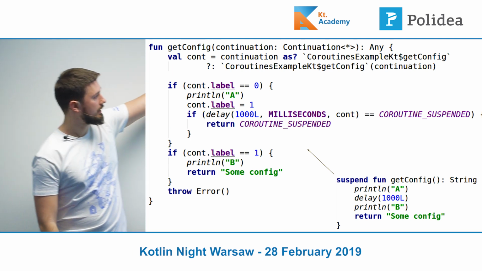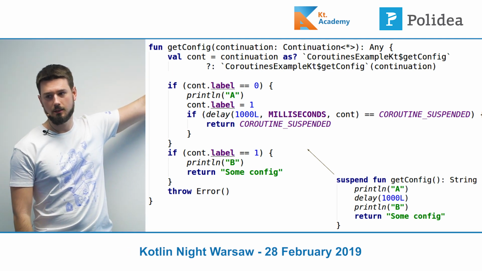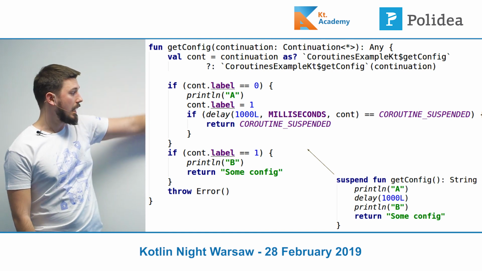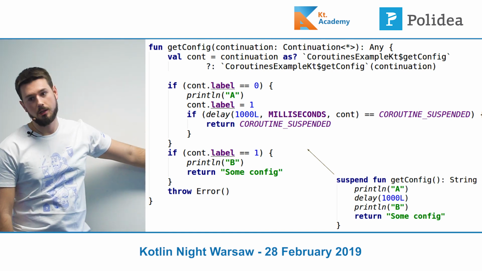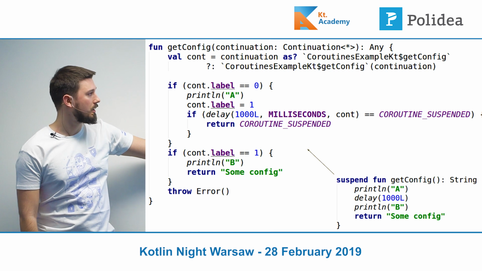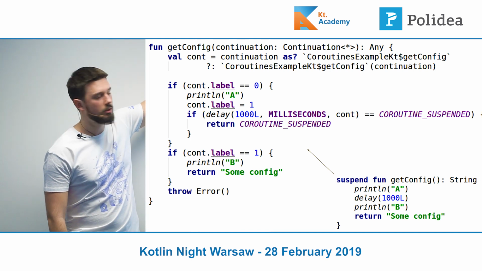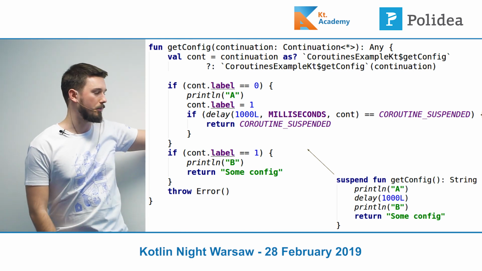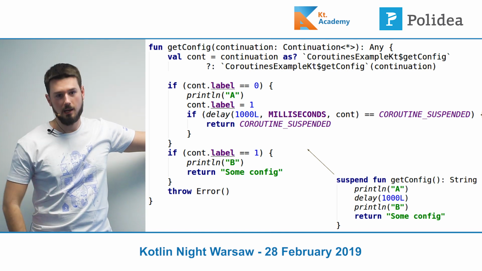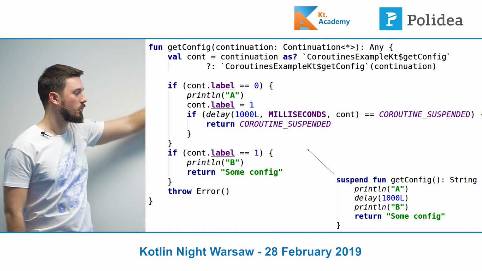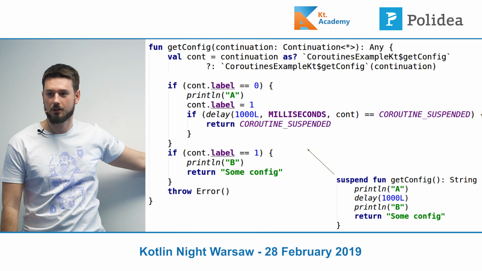One thing that it contains is the label. Label says at what point we have stopped. In the beginning, label is equal to 0. That's why we start at the top. But if label were 1, then we would jump directly in here.